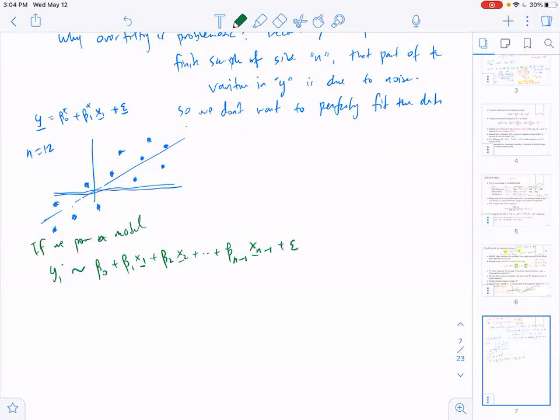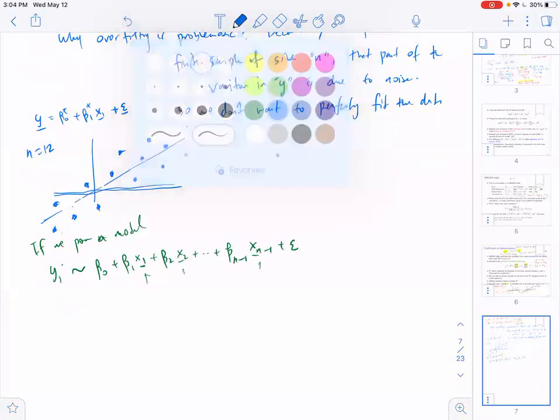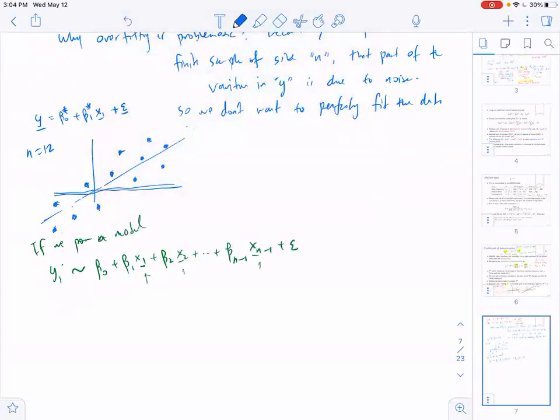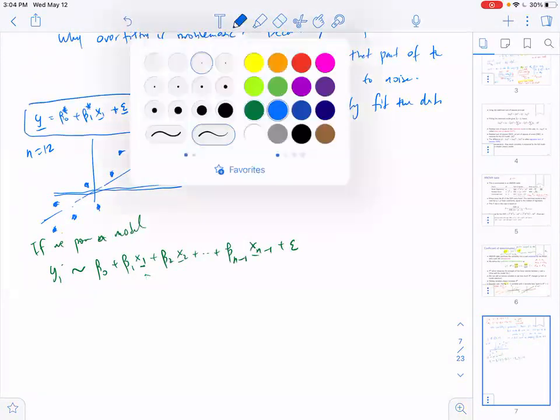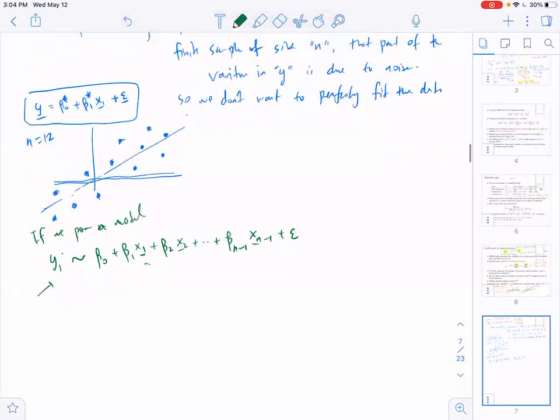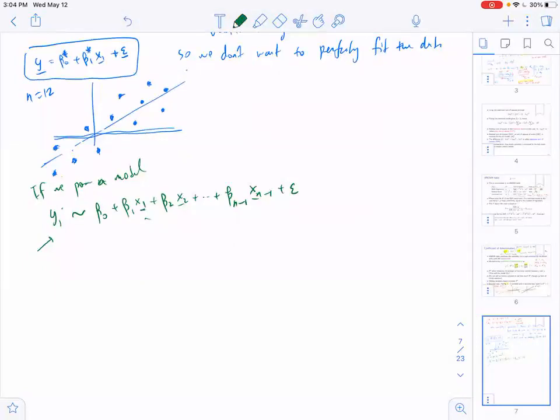These covariates are not part of the data generation process. That was one of the other questions that came up. So the data is generated like this, but I'm posing this model and I'm going to fit it.